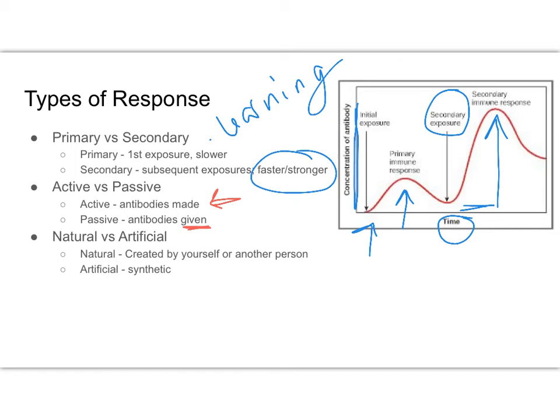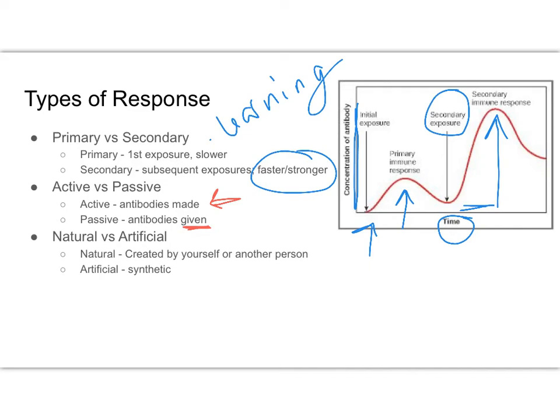For example, a breastfeeding mother is giving her antibodies to the infant. Another type of passive immunity would be you receiving a shot that actually contains antibodies. Not a vaccine where you make antibodies for it, but if you are given something that already contains antibodies that were made, that would be passive immunity.